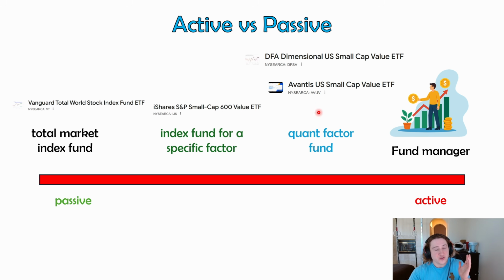Even though on paper they're defined like an active fund, you obviously need to open up the hood and look at what's actually going on, and you'll essentially find that this category called quant factor fund that I just made up is a lot more similar to index funds that track an index for a factor. It's almost the same thing, except because they're defined as active funds, legally it removes the contractual obligations and constraints that burden these factor index funds.